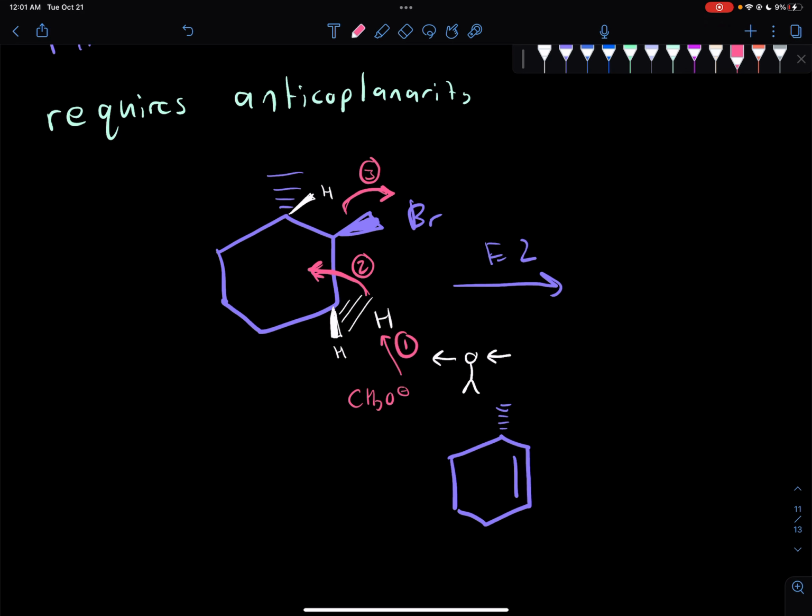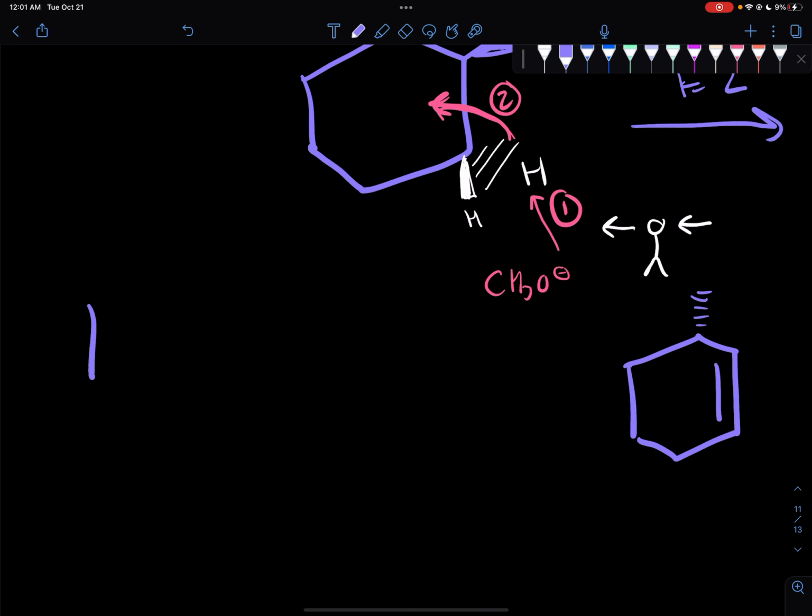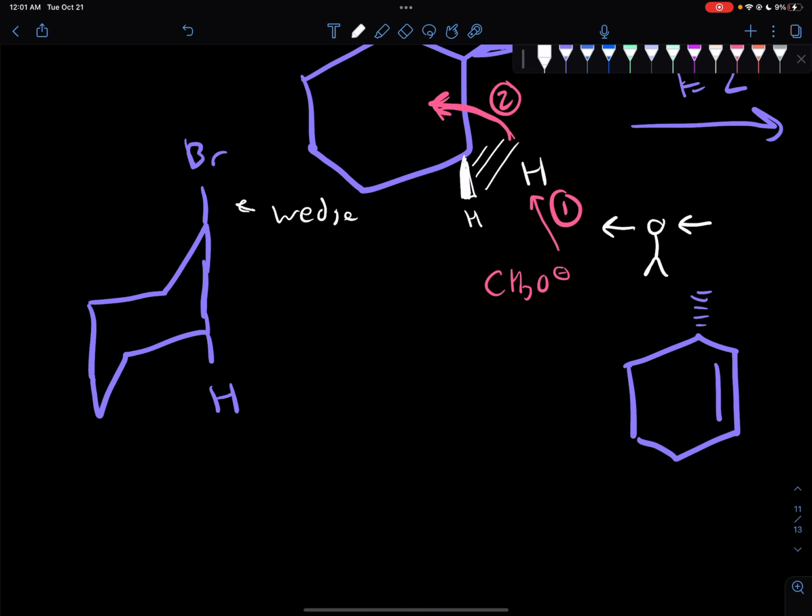Now, if you understand this, we can take it a step further to explain why we need anti-coplanar. Just look at this right here. If I have a bromine here and an H, first of all, this is a wedge going up, and this is a dash. So that's one way we can know this is anti-coplanar. But even visually, they're on the same axis, just going opposite directions.